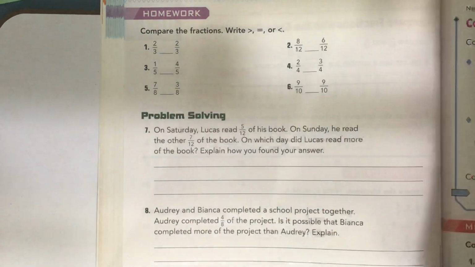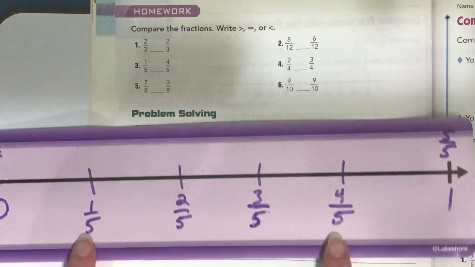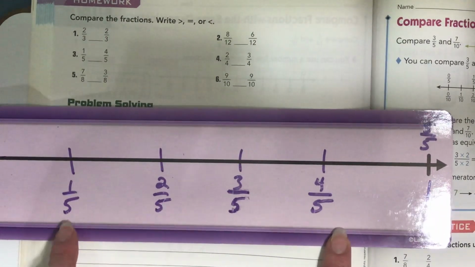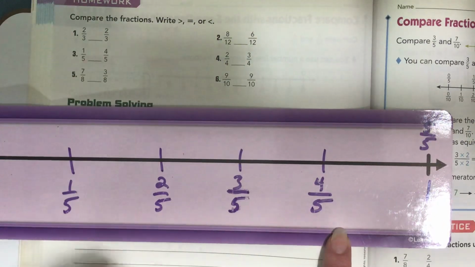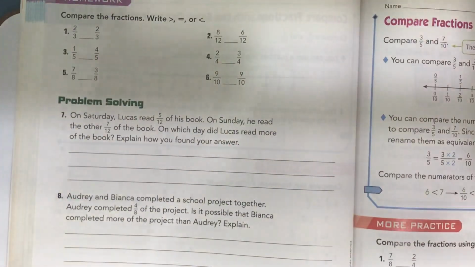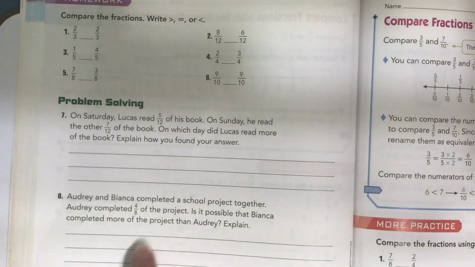Number 3 is fifths again. Let's pull my fifth number line back out. Here's 1/5 and here's 4/5. 4/5 is closer to 1 than 1/5 is, so 1/5 is less than 4/5. So you go ahead and finish that page, just put their signs in here and then answer the questions and explain your answers.